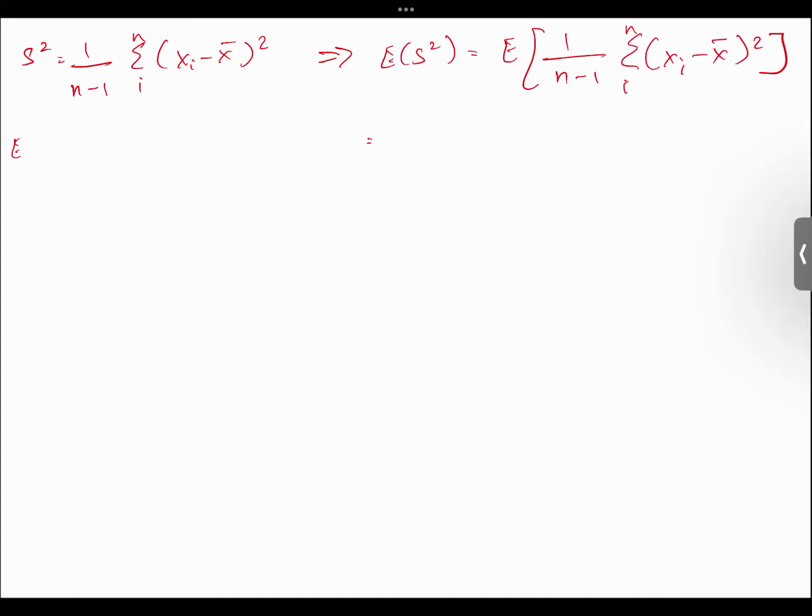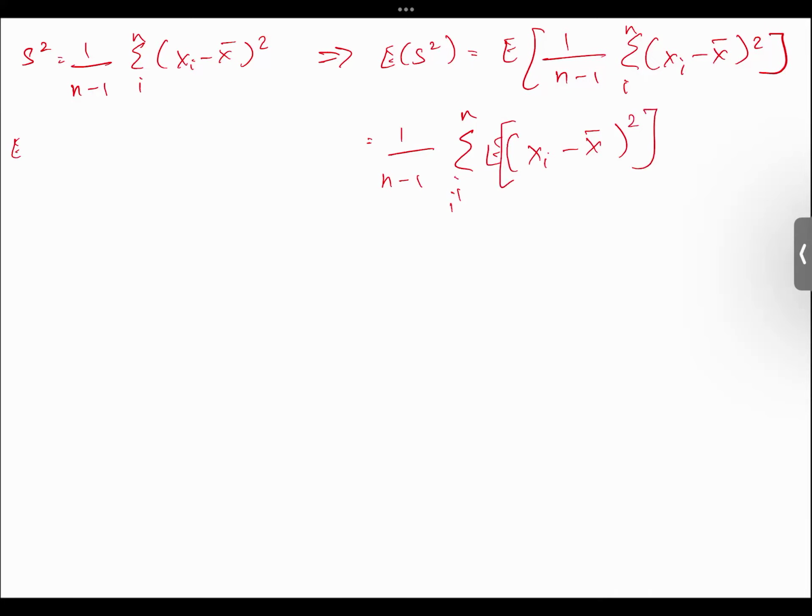This can also be written as: this 1 by n minus 1 is some constant, so you bring it out. Summation i to n of expectation of xi minus x bar the whole square.